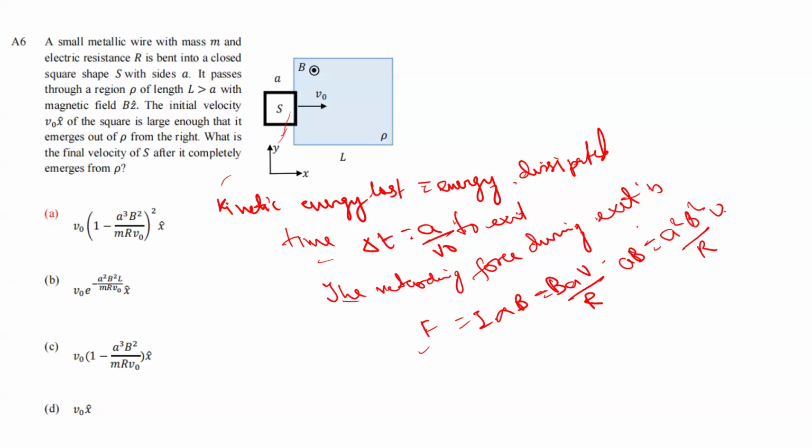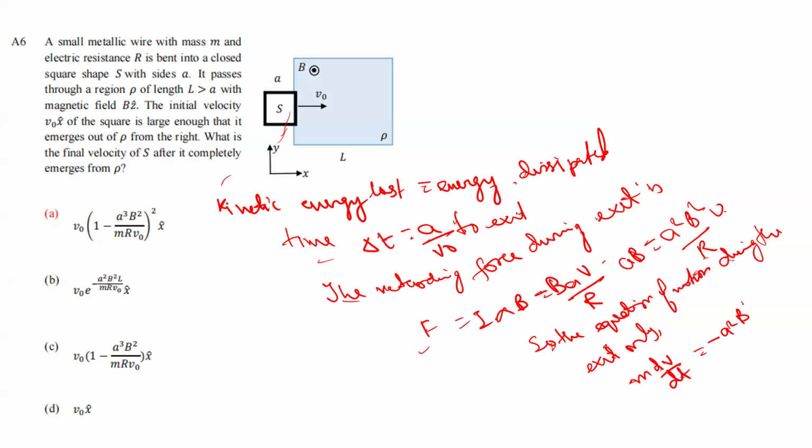The equation of motion during the exit only can be written as m dv by dt equal to minus A squared B squared over R into v, integrating over the time.